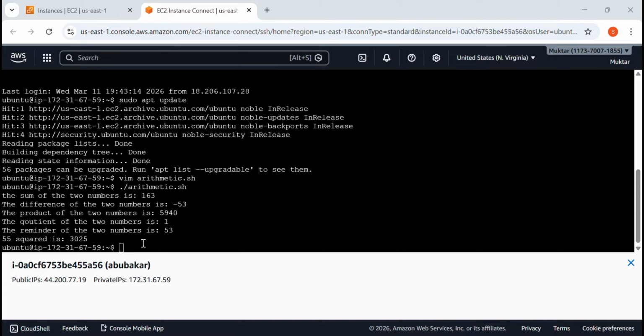The moment you wrap an expression in dollar double brackets, bash switches into math mode and calculates the result. That is the entire concept. In the next video, I'm going to show you how to take these same arithmetic operations and use them inside if statements and while loops, so a script can make decisions based on numbers, count, and repeat actions automatically. And that is where bash scripts really start to become powerful.